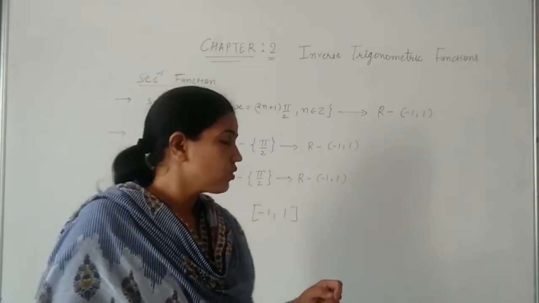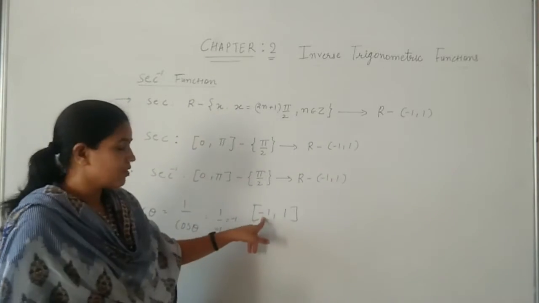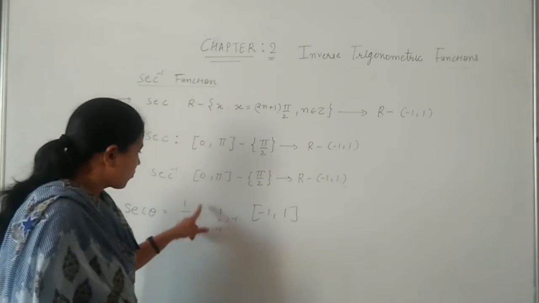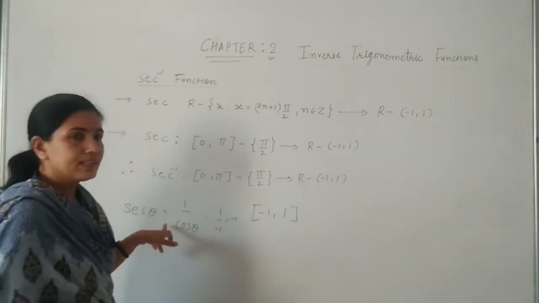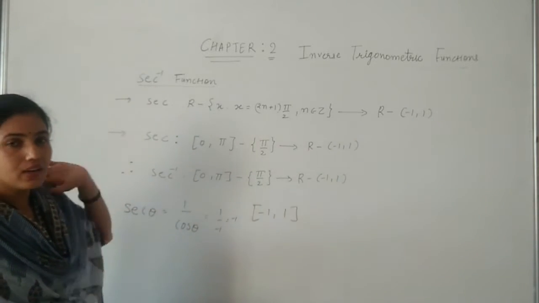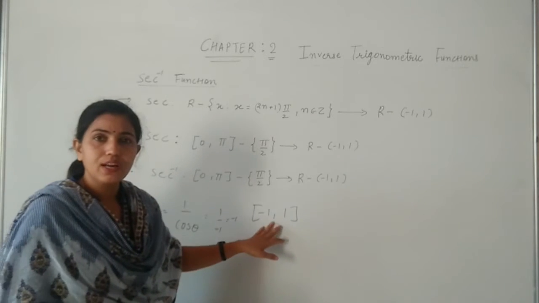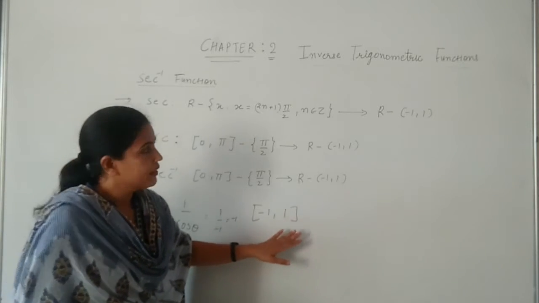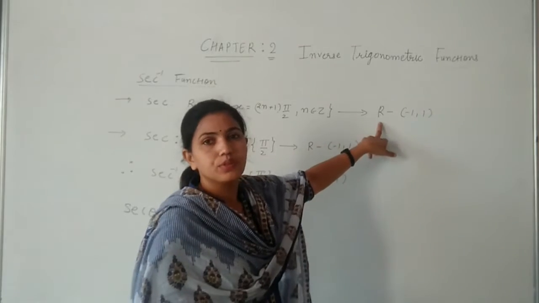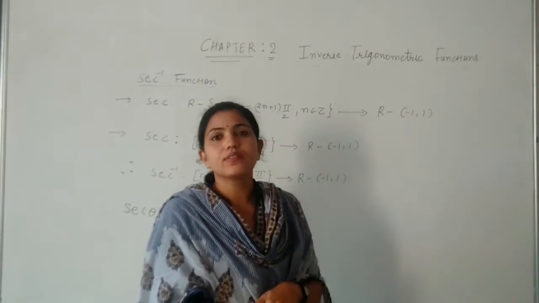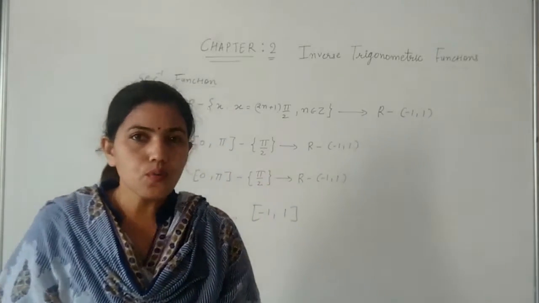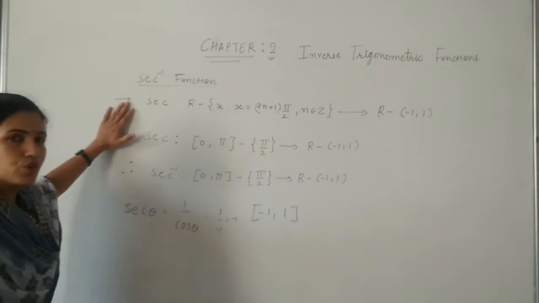But it is 1 upon cos, so whenever the value of cos is between -1 and 1, sec will take any other number which is not from this interval, and therefore the range of the sec function is R minus the open interval -1 to 1. So this is the sec function.